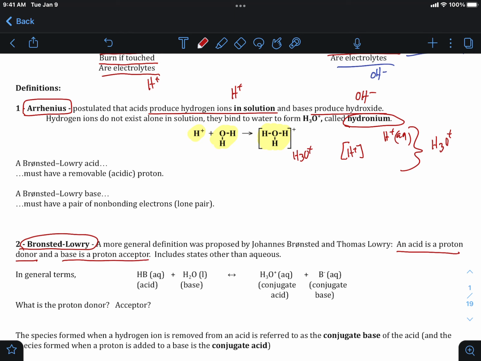And the advantage to defining things by the Bronsted definition is that you are not limited to aqueous solutions now. Now you can have this take place in non-aqueous environments, right? So that's a limitation of the Arrhenius. This is limited to water solutions, right? Because the definition says H+ in solution.